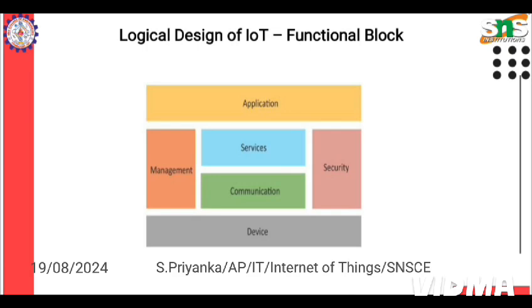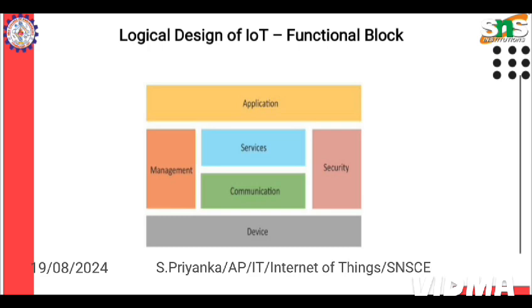Management consists of functional blocks providing various functions to govern the IoT system. Next is the security. The security functional block mainly deals with the security of the IoT system by providing functions such as application authentication, message management, and content integrity of data security.